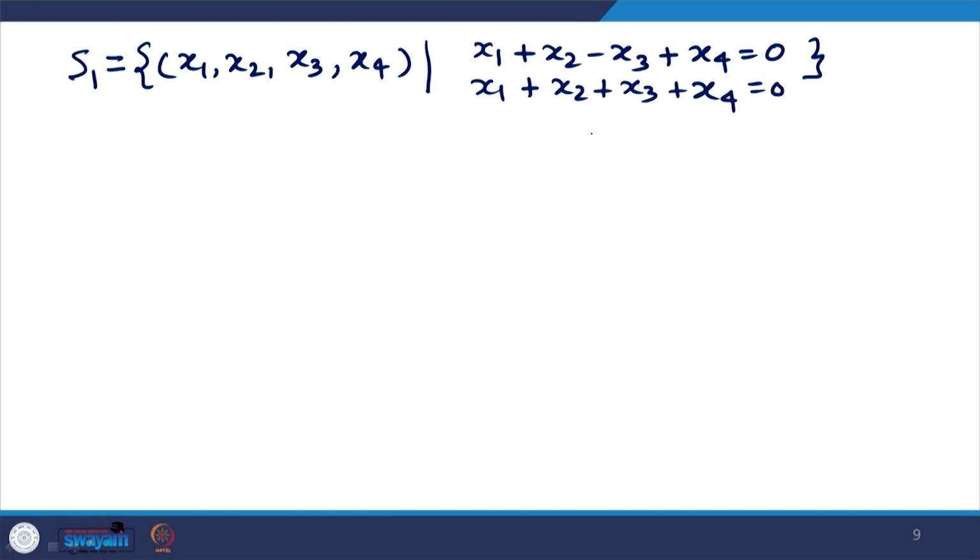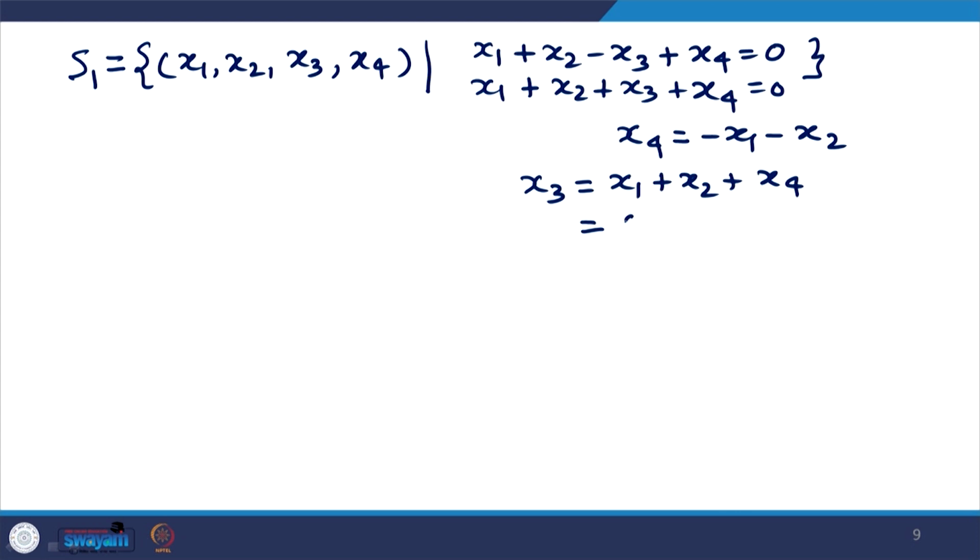So, by adding these two conditions, I can write x4 equals minus x1 minus x2. Now, from the first condition I can write x3 equals x1 plus x2 plus x4. If I substitute the value of x4, that is minus x1 minus x2, I get x3 equals 0.